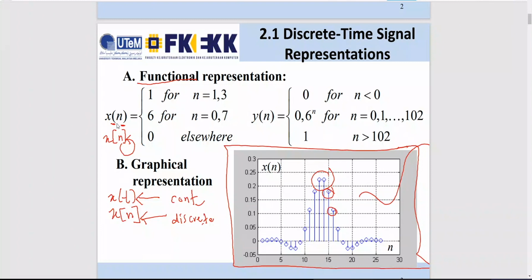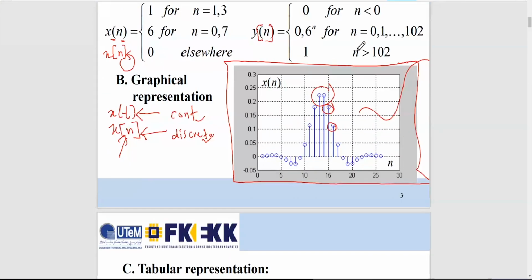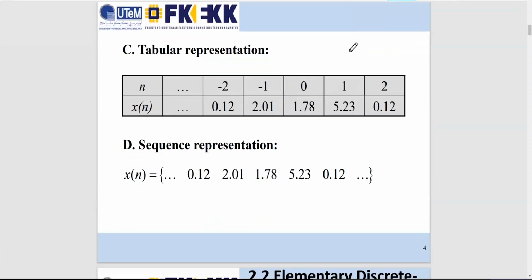But if we refer to the bubble and the dot here, then we call it discrete time signal representation. From today, I would like to pay your attention and use this as discrete. Okay, so be careful. This one also uses square brackets.